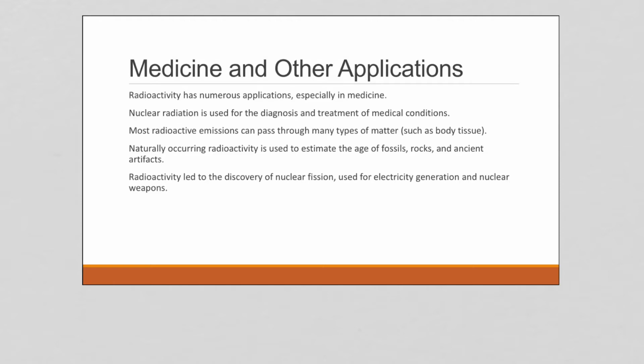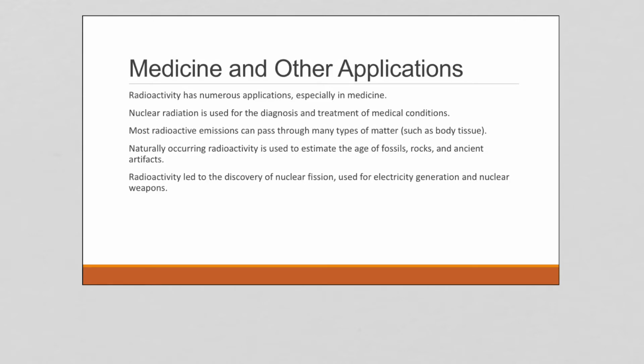Now, most of these radioactive emissions pass through most matter, such as body tissue, even thin metals, woods, most materials, unless they're of a certain thickness. Certain types of materials will allow the radioactive emissions to pass right through them.